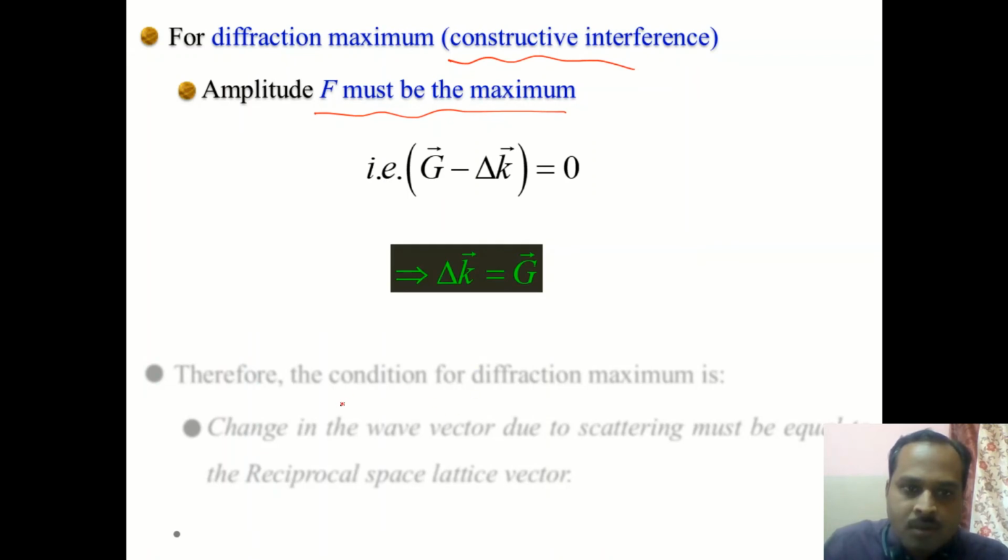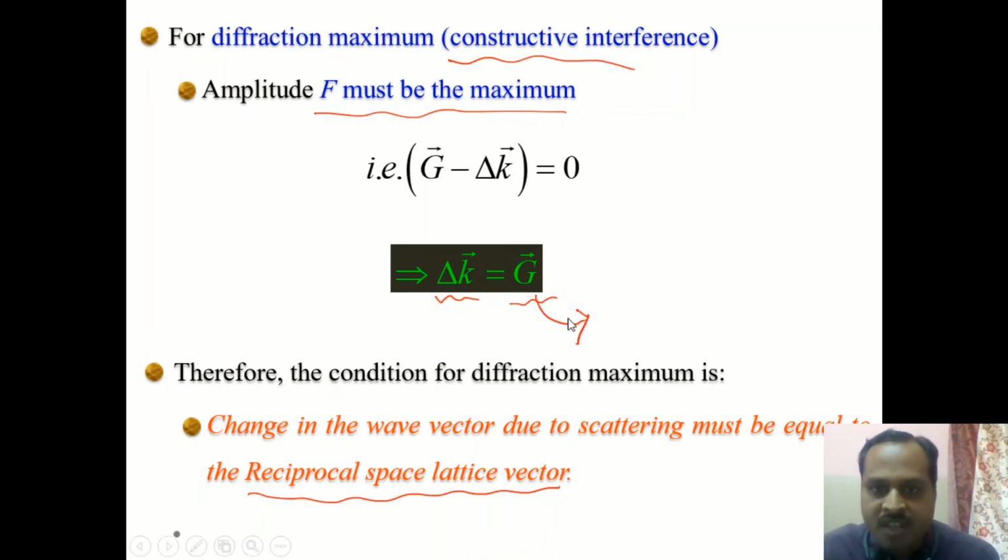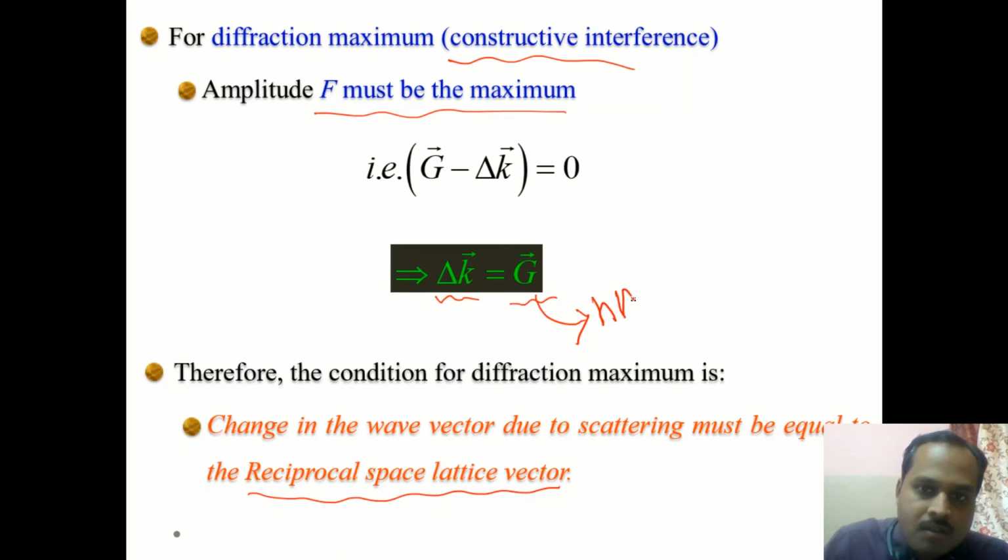So that means the condition for the diffraction maximum is that the change in the wave vector, del k, which is the change in the wave vector due to the scattering, must be equal to the reciprocal space lattice vector, which is G. Last class we had defined G. G is a point in the reciprocal space and can be represented using the expression hA plus kB plus lC, this we had seen in the last video.